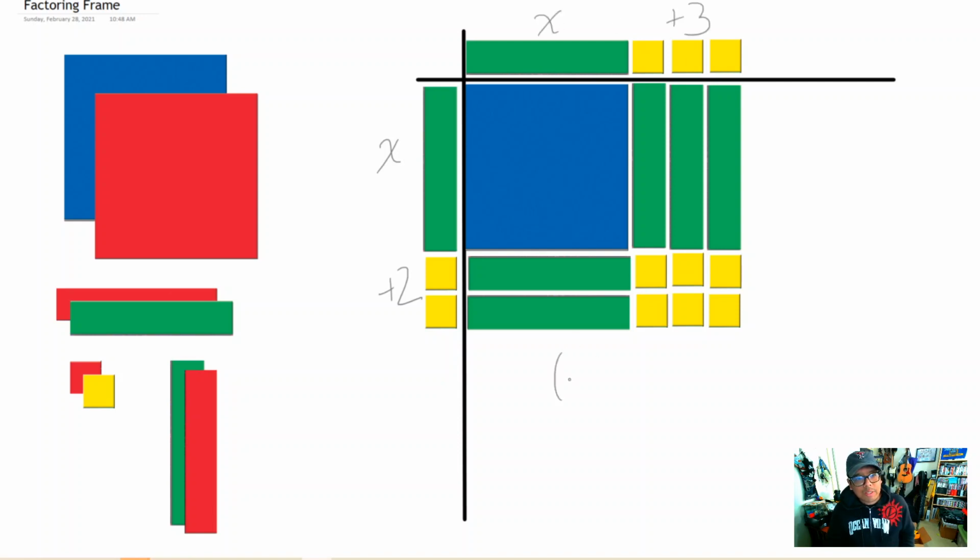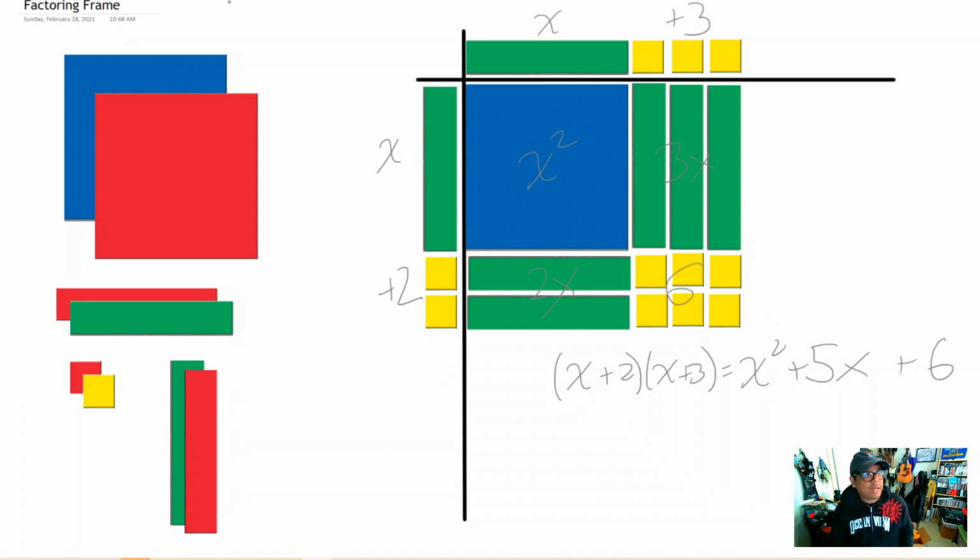So when you put it together, what we get is x plus 2 multiplied by x plus 3 is equal to the x squared, that's this one over here, plus this is 3x and 2x, so 5x, plus this 6 over here.